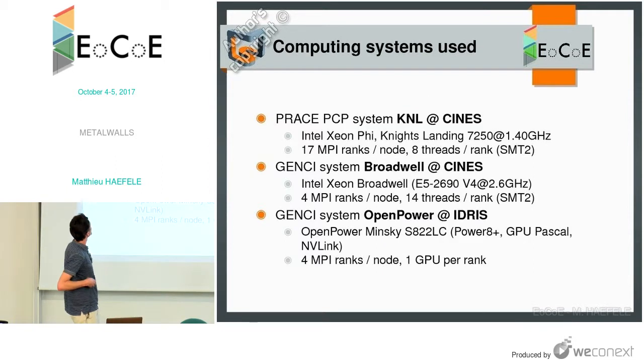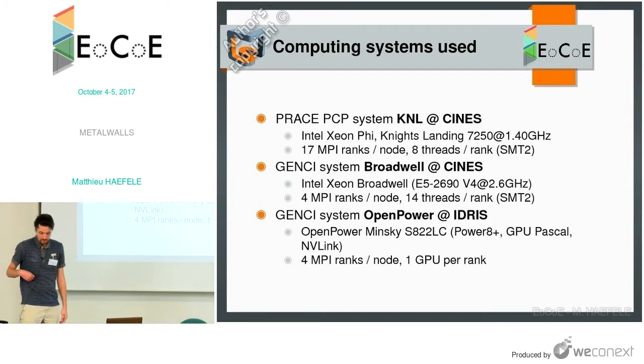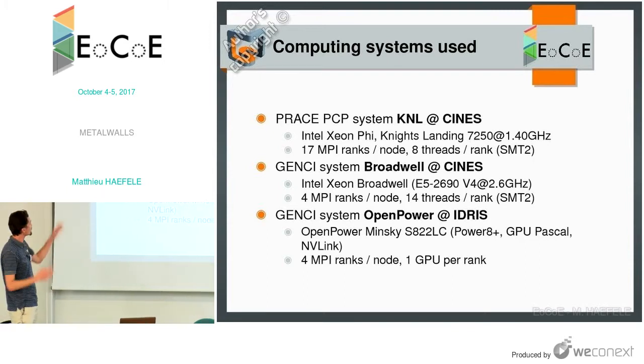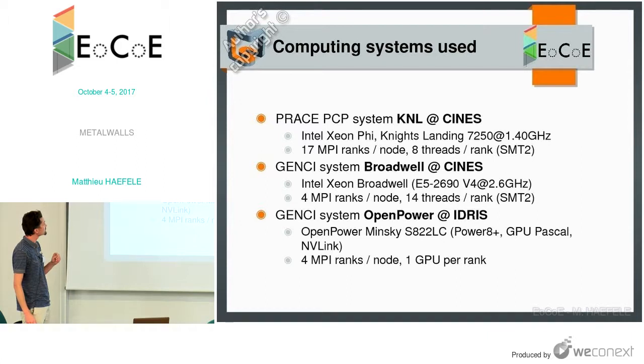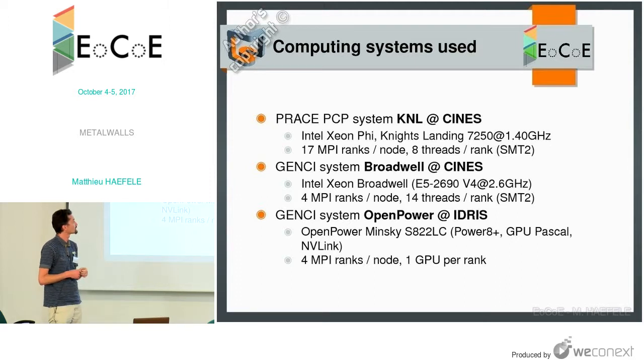I have some data on three systems. The PCP system here at CNES, based on KNL. Just for reference, the deployment here is with 17 MPI ranks per node and 8 threads per rank, using hyper-threading, so two threads per core.